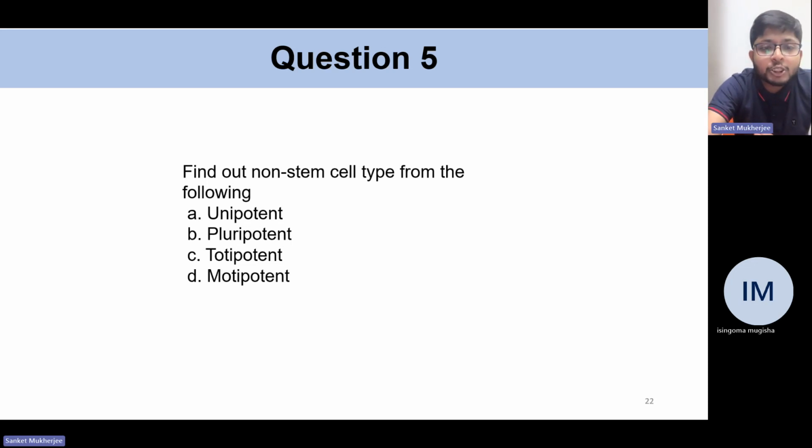Okay, so the answer to this question would be that the non-stem cell type is multipotent.